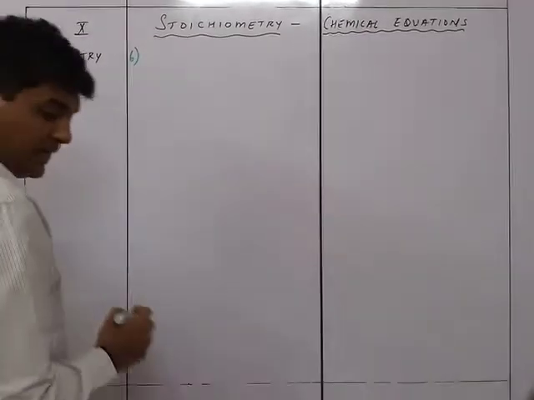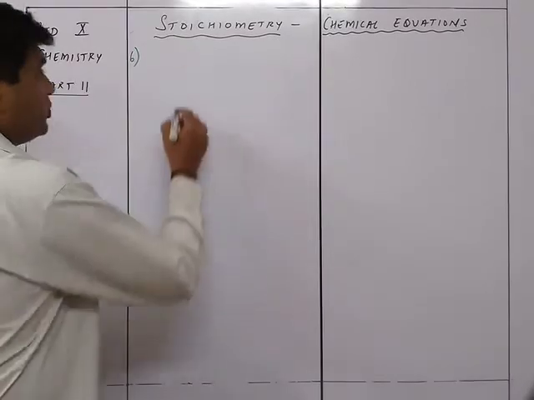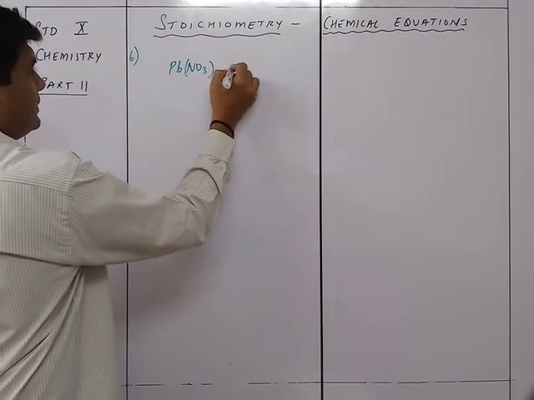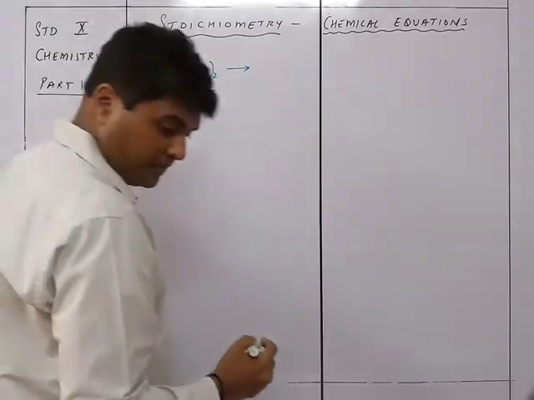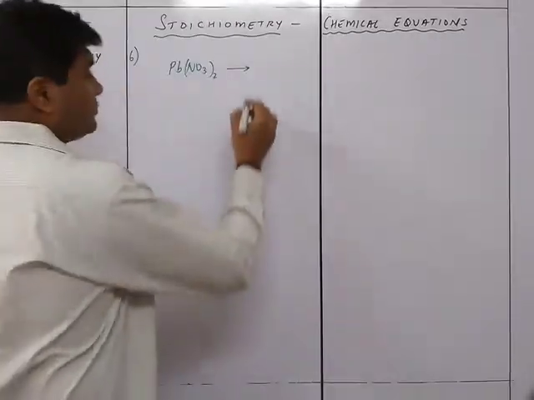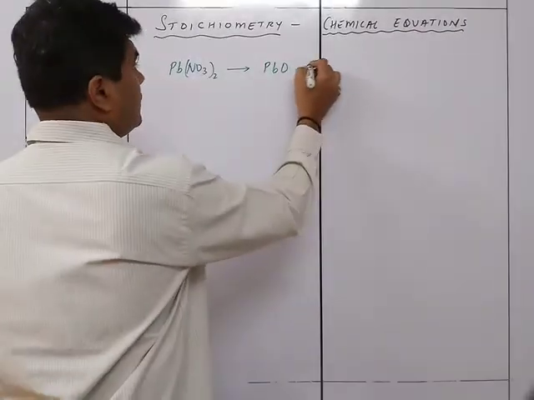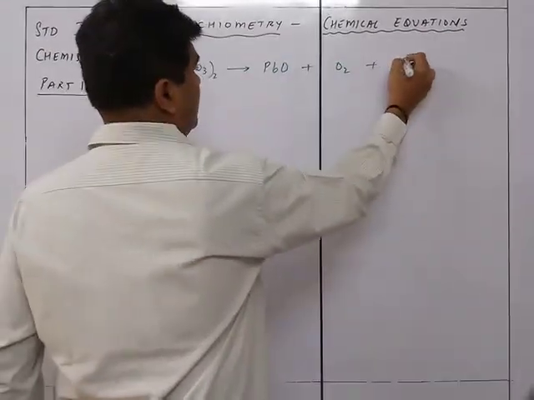So lead nitrate on heating, Pb(NO3)2, will give you lead oxide, PbO, plus O2 plus NO2.